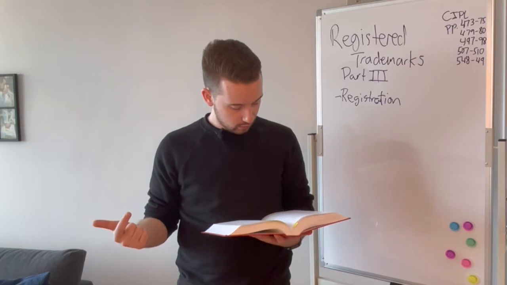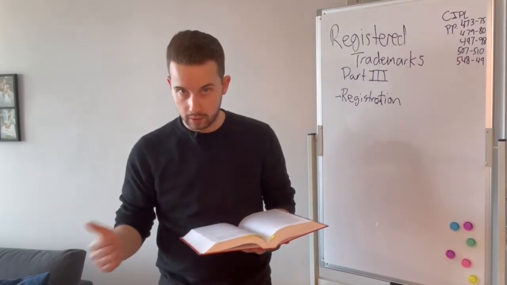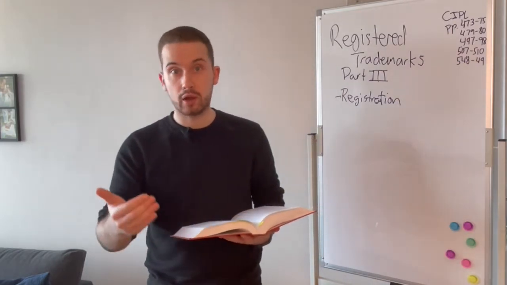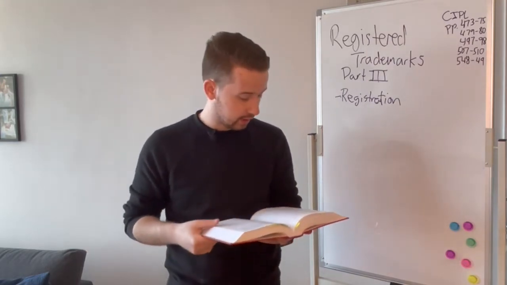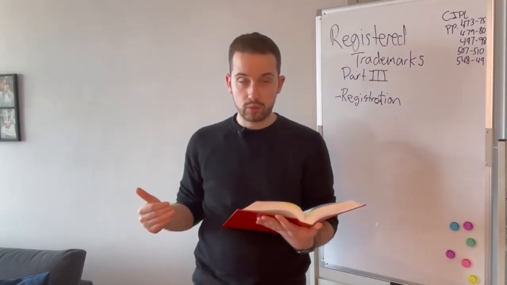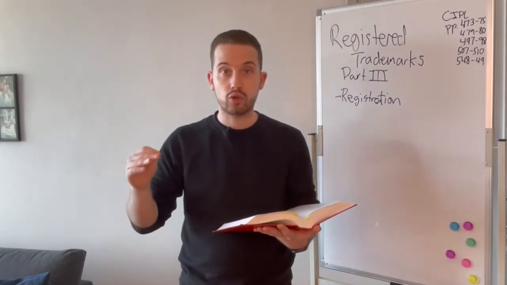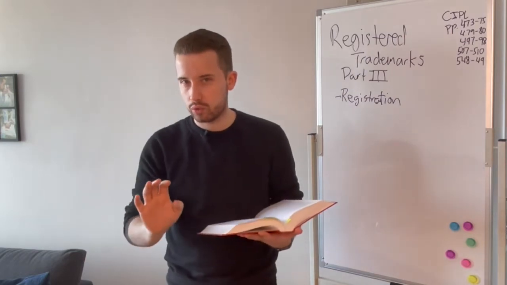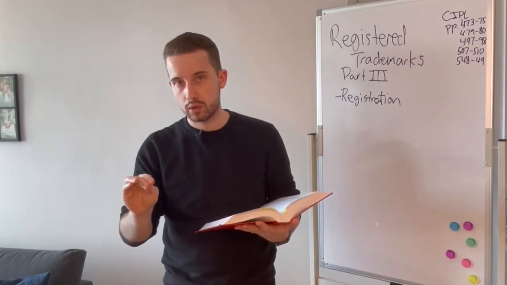Then you'll have the date of first use of the mark. Because as we said, in the case of conflicting trademarks that are being registered, we're going to look at the first use in Canada, and so it's mentioned on your application. The Trademarks Act was amended, as they say in the book, which is something you don't have to worry about a lot, to remove the requirement of use. But that's not really true, right? What they did is they removed the requirement of use, right?